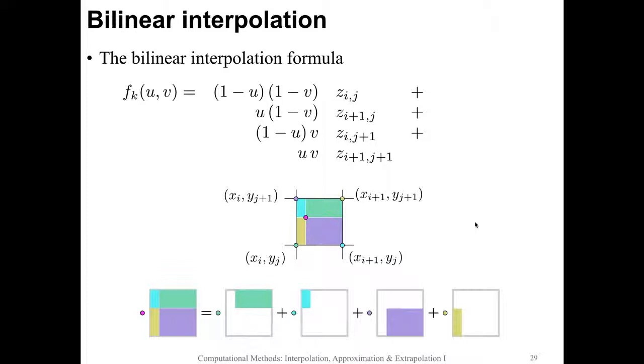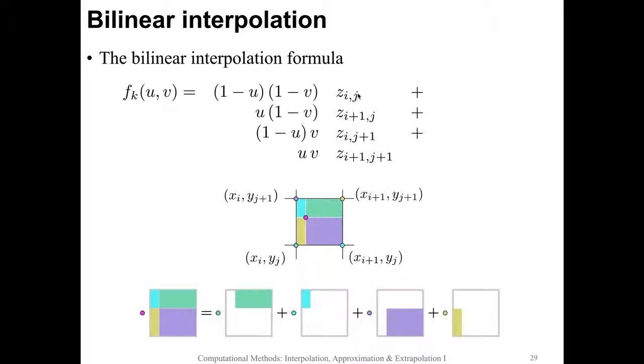So now we're in a position to write down our bilinear interpolation formula, and that is basically a blend of the four measurements at the four corners of the square that contains the point that we'd like to find the measurement for. That's represented by the pink dot here. So these four z values, these four measurements at the corners, are all blended by different weights, and these weights are determined by u and v.